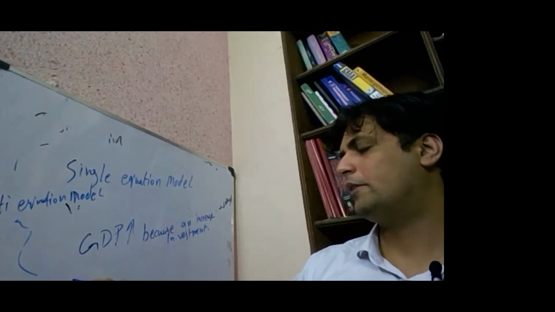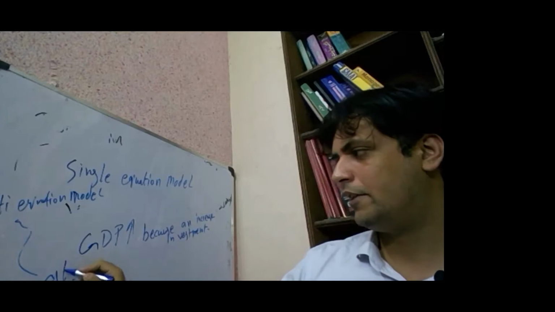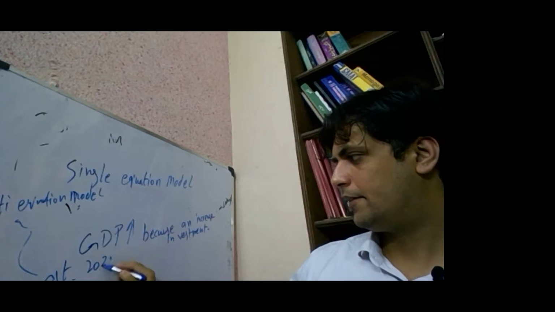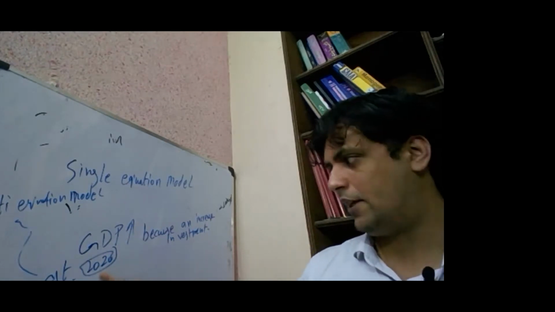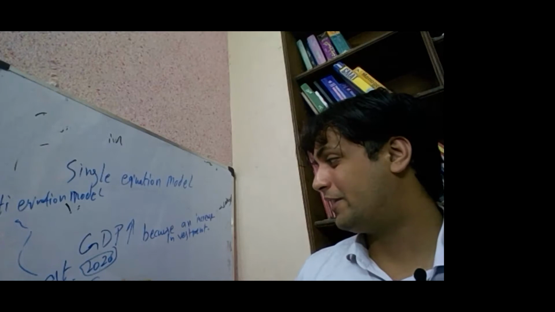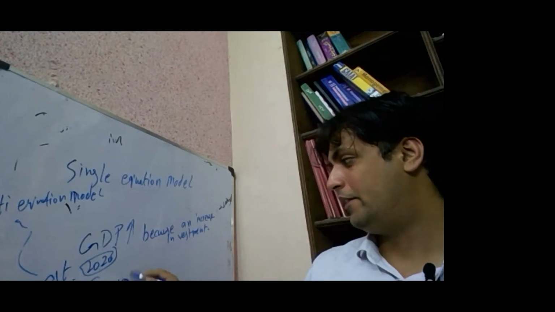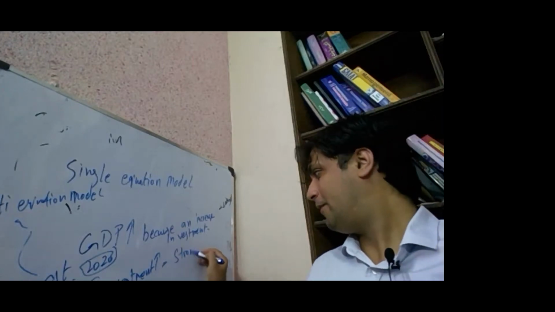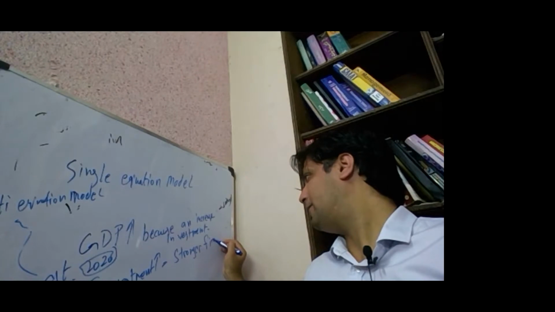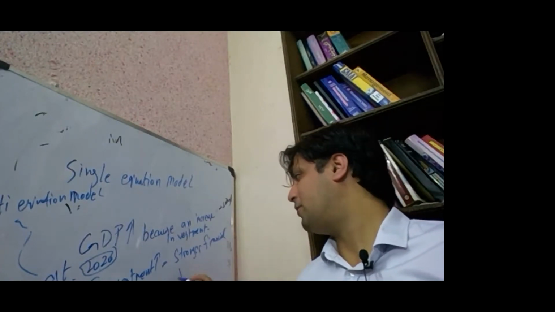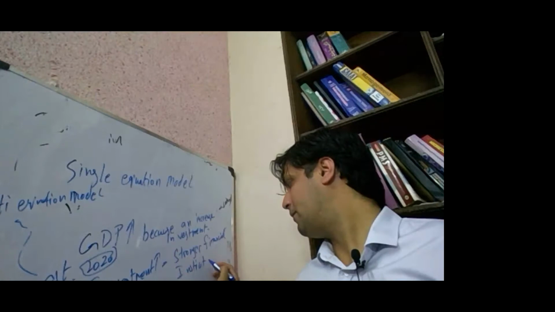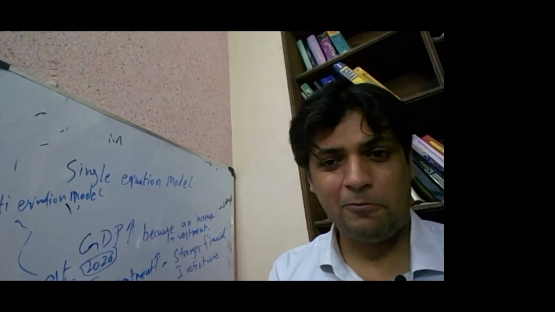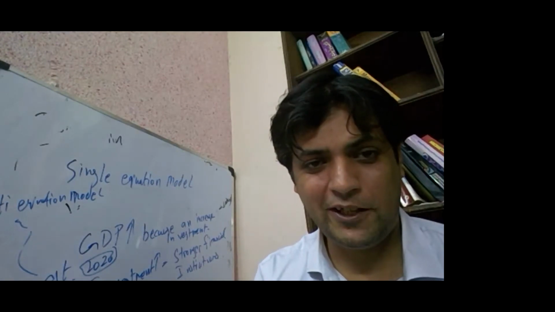So what happens at the same time, let's say in the year 2020, how will investment be explained? We can say investment increases if there is a stronger financial institution, right? So at the same time, investment is being affected.